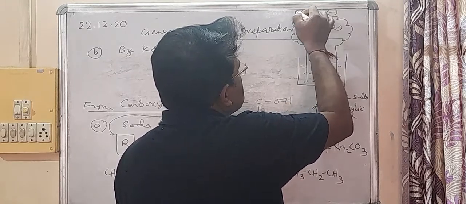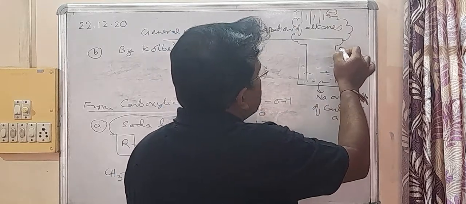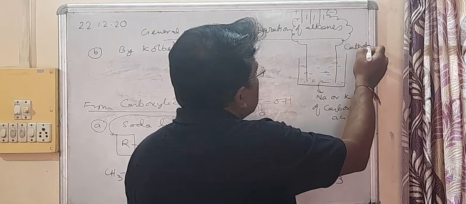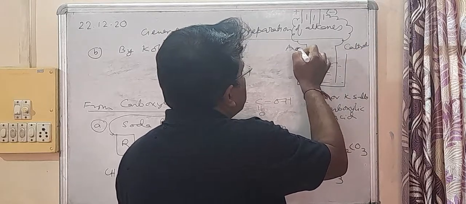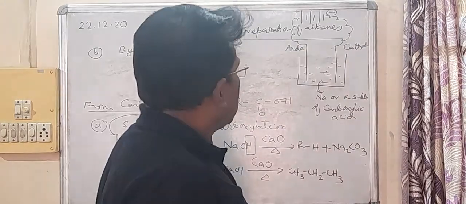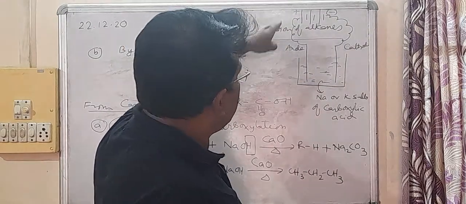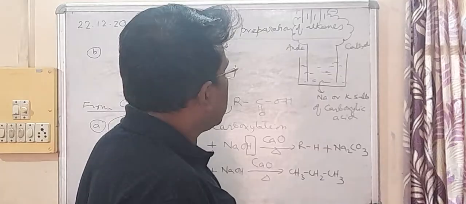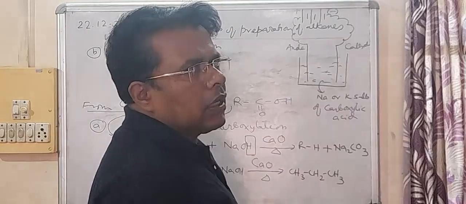This is minus, this is plus. The minus plate is called cathode. The plus plate is called anode. And when we pass current here, we will get alkane.